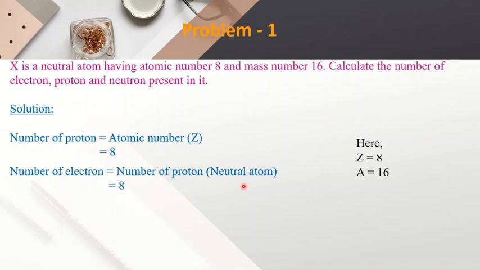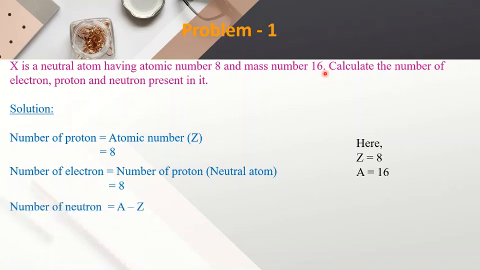So number of electron is also 8. Now we have to calculate the neutron number. By which way? From this mass number and atomic number. We know mass number is the summation of proton plus neutron, where proton is 8 and mass number is 16.